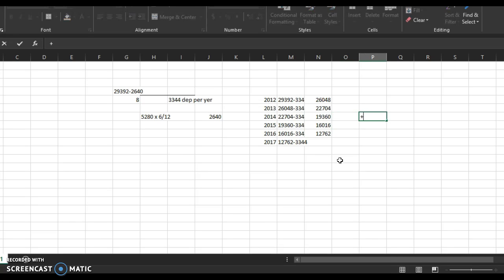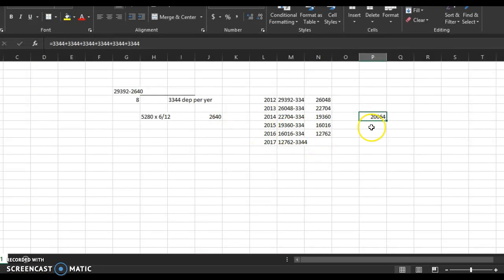What we are trying to accomplish here is to find the total accumulated depreciation that we paid over the life of the vehicle. So it would be, for 2012, the $33.44, the same for 2013, the same for 2014, same for 2015, the same for 2016, and the same for 2017. So that gives us a total of $20,064 that we have accumulated as depreciation on this particular vehicle.